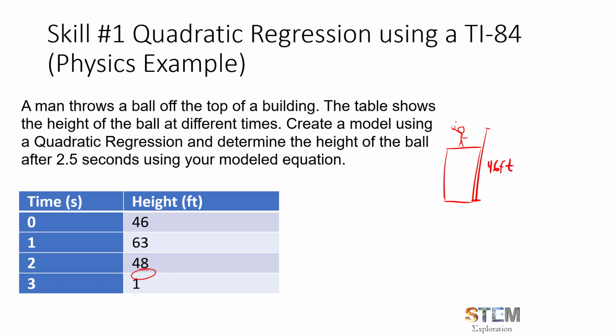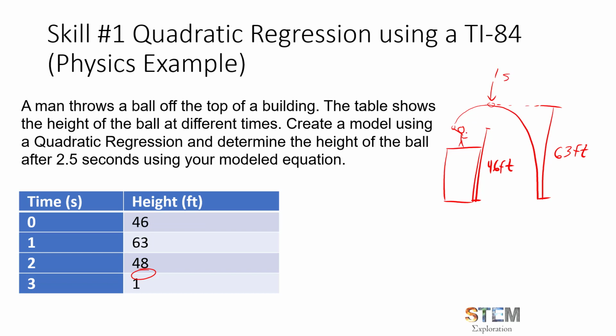Now he throws the ball, it has a parabolic trajectory, and it eventually crashes. After 1 second, the ball has a height of 63 feet, which is represented by this maximum height.